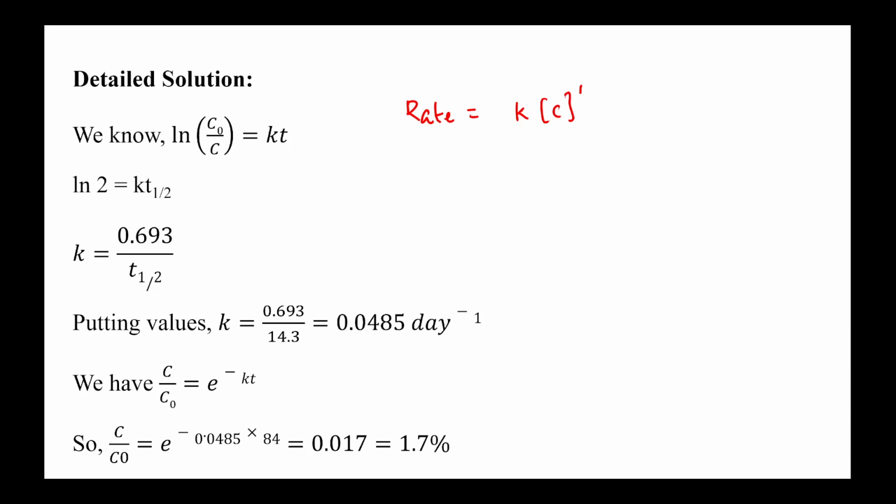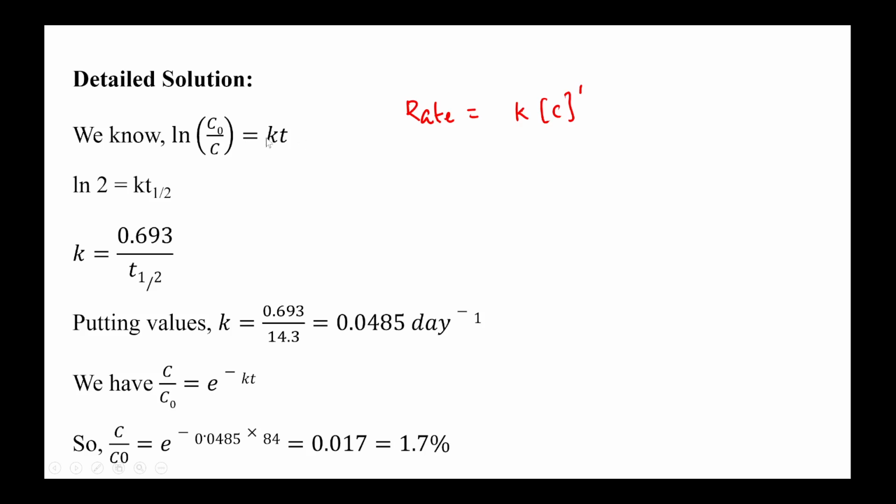So log of 2 is equal to K into T half, because at that particular time, that is the T half. So natural log of 2 is equal to 0.693. So 0.693 divided by T half would be your K. Once you have your K, you put the same thing in this equation and find C by C0.